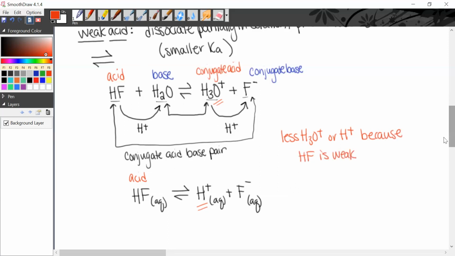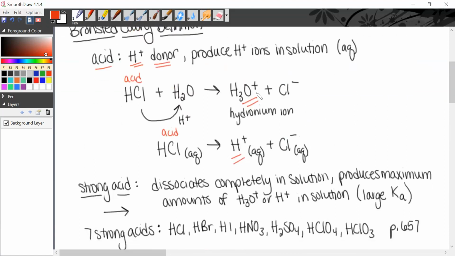Versus up above, when we were talking about HCl being an acid, this is what makes this acidic here, you're going to get more H3O plus or H plus because HCl is strong.